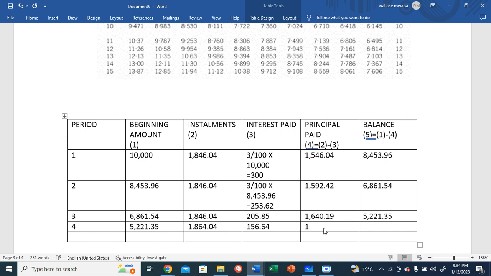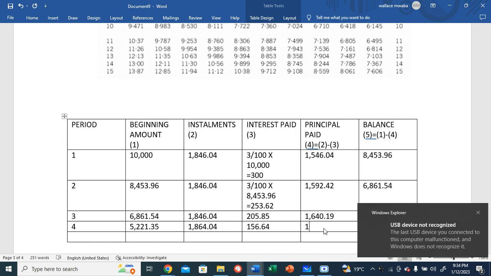Can someone give me the value? 1,864.04 minus 156.64.